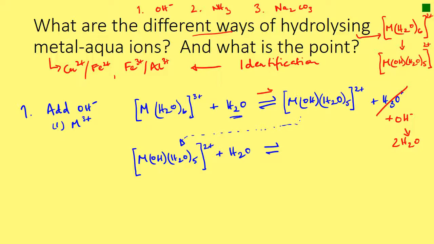We're going to get one of these 5 water ligands being hydrolyzed into hydroxide, such that we now have 2 hydroxide ligands and only 4 water ligands. In the same way as before, we've lost one of our positive charges, so that's only 1 plus now, and that's created another hydroxonium ion, which then is soaked up by the hydroxide ions that we've added to make another 2 water molecules.